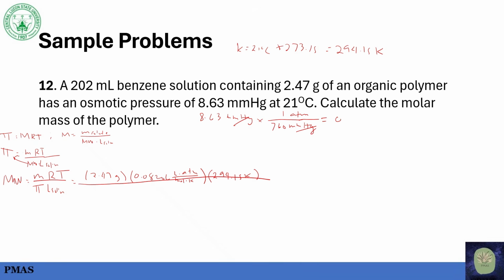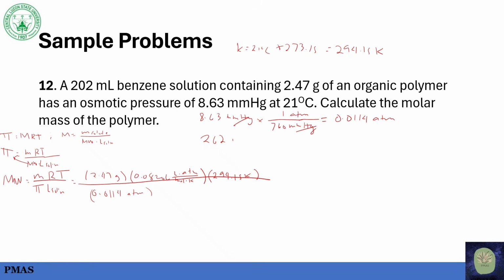We have 0.0114 atmosphere. And then the liters of the solution is 202 ml.